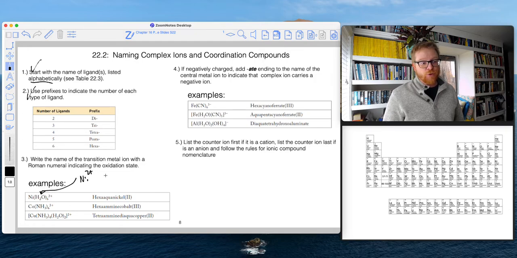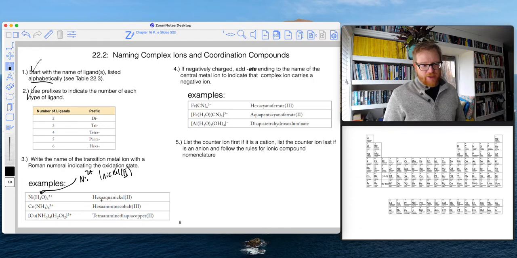That's a nickel 2 plus, which we would write as nickel Roman numeral 2. We start with the name of the ligand alphabetically, and use a prefix to indicate how many we have. So we have 6 waters. That's going to be hexa, aqua, nickel, 2.